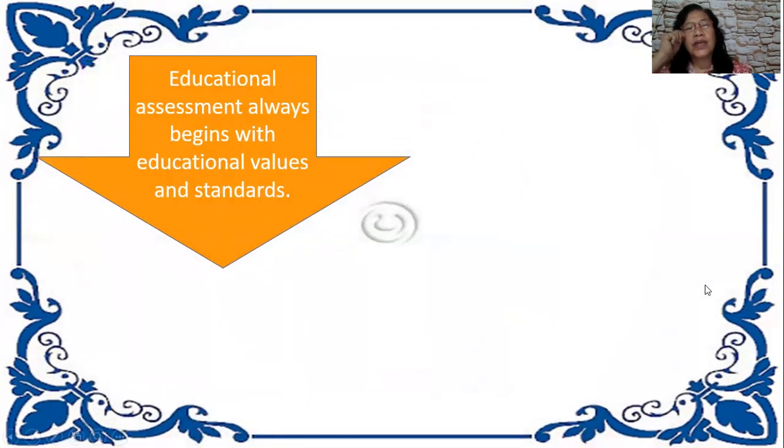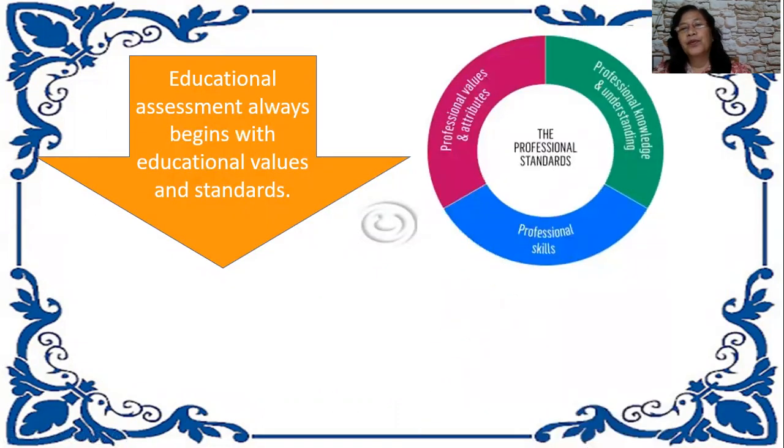Okay? So educational assessment always begins with educational values and standards. It should be accompanied with values and standards. So the professional standards, including the professional values and attributes, and then the professional knowledge and understanding. Remember in my first discussion, attitude, attribute, and then the skills, then you have the soft spot.